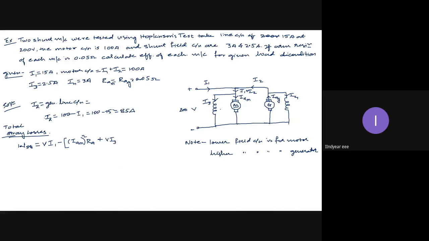Now what is IAM here? Because there is no space, I have taken IAM and IAG. So here I will write IAM is equal to I1 plus I2 minus I3. So it is 100, I1 plus I2, minus I3, which is 2.5, which is equal to 97.5 amperes.